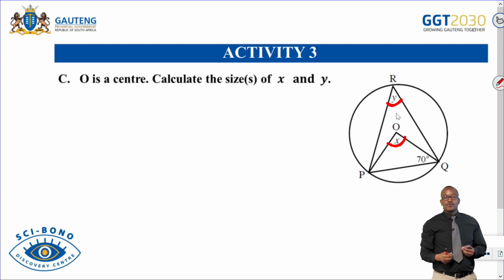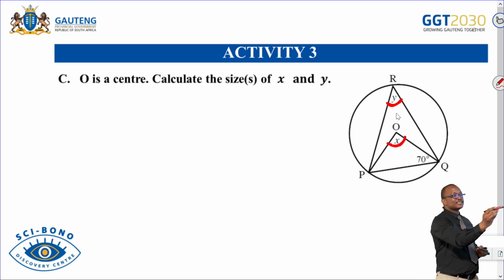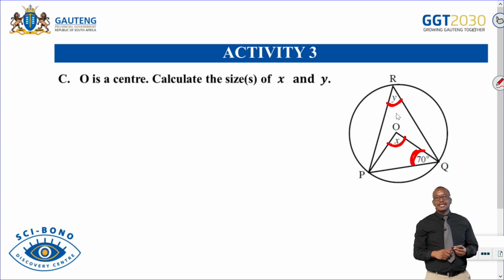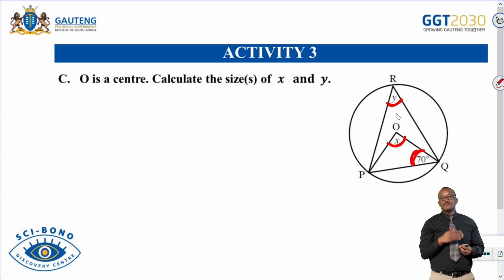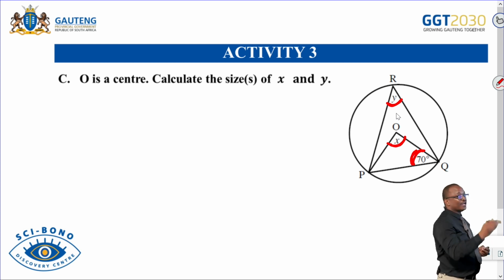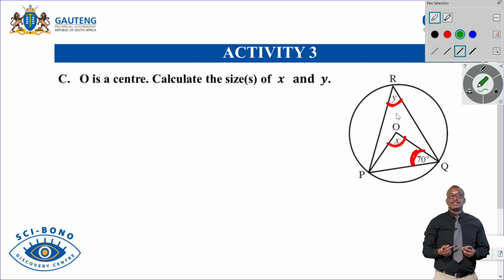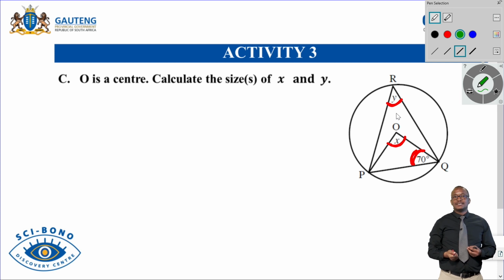But now, what is it that is given? Is angle Q there? Angle Q is given inside the circle. I mean the triangle PQO. But now, what do I know about that type of a triangle? We have a triangle, we have O, we have P, we have Q, we have R. Then now, we have to go and say, okay, in this triangle, what is it that I know?